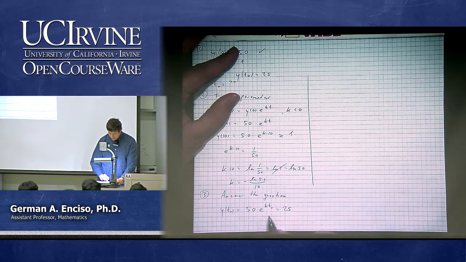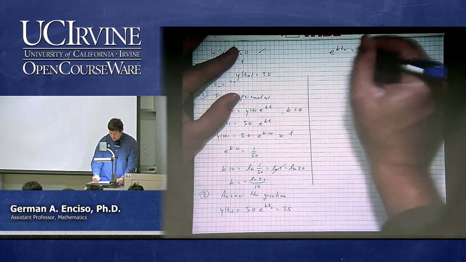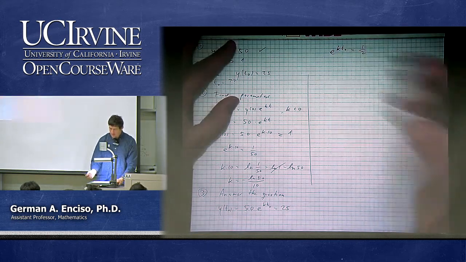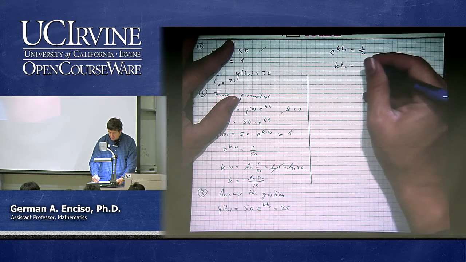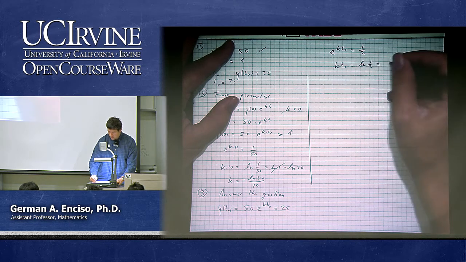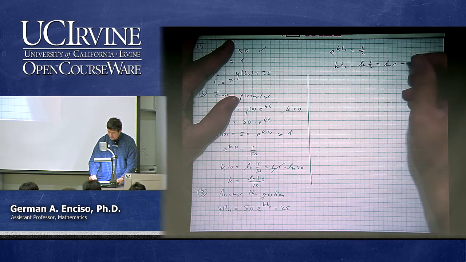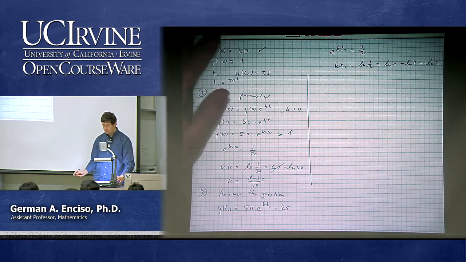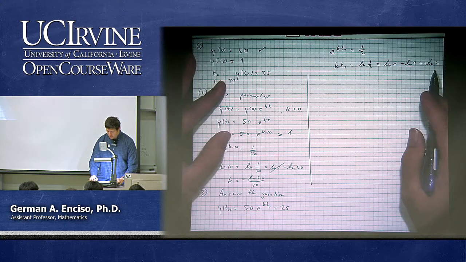So if 50e^(k·t0) is equal to 25, that means that e^(k·t0) is equal to 1/2. I'm going to take the logarithm on both sides again, and I get k·t0 is equal to log of 1/2, which is actually log of 1 minus log of 2, which is minus log of 2.